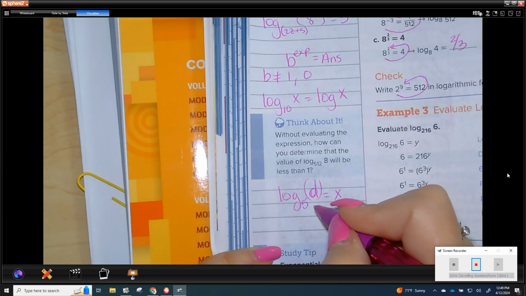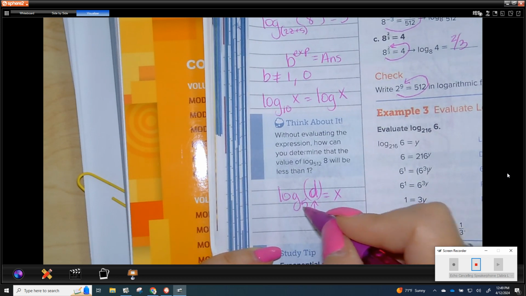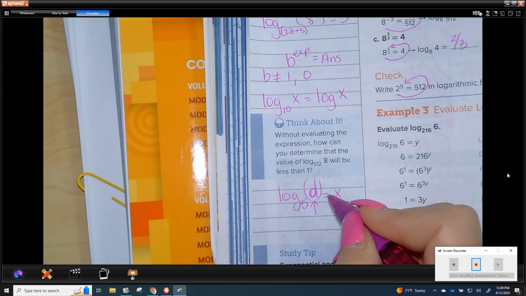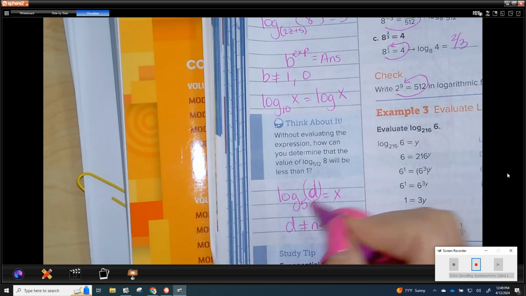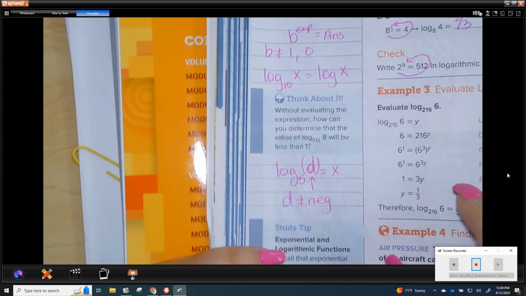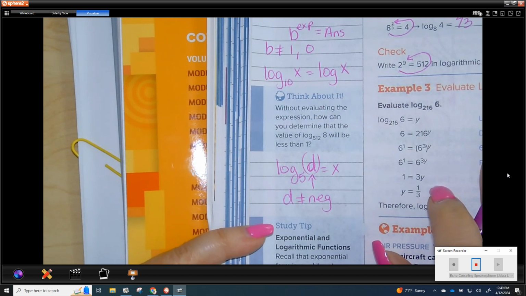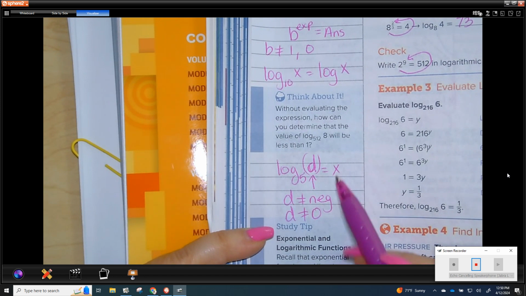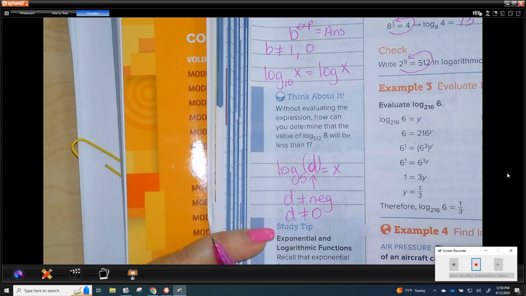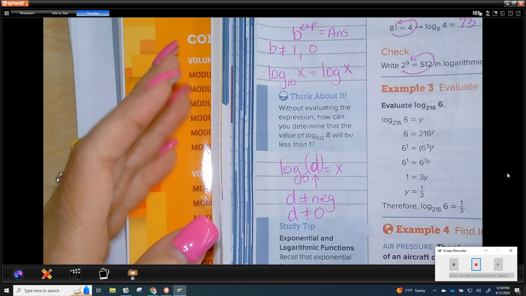This answer, since my base is 5, no matter what my exponent is, D is never going to be negative, always going to be positive, because 5 times 5 times 5, no matter what the exponent is. And D will never equal 0 because of that asymptote. You can't multiply 5 by itself and ever get a 0. You always get a positive number because this base is 5. Okay? All right.